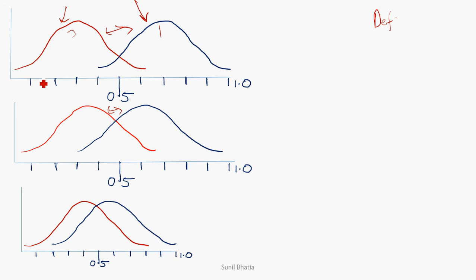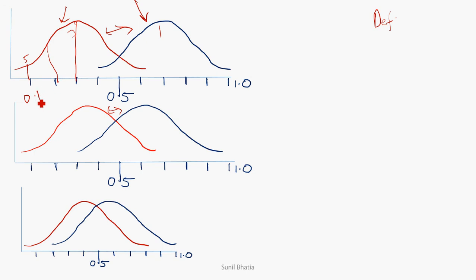Let's say the sample size was 100 for non-defaulters and 100 for defaulters. Let's say this is the probability line, and we have 0.1. So this is 5, this is 15, and this is 25.